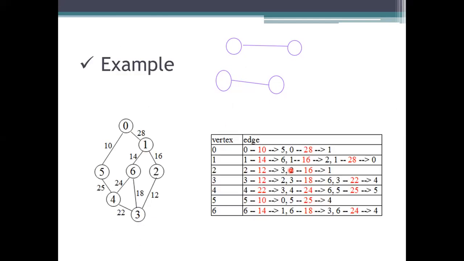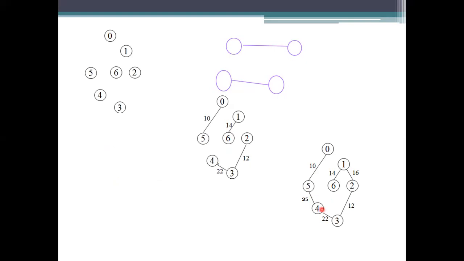And coming to the fourth one, the fourth one is having the edges 22, 24, 25. 22 is the traversed one. The left one is the 24, which is the least one. If you choose the least one, what happens?